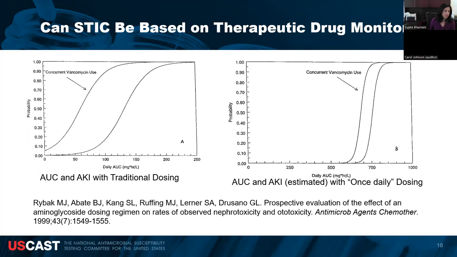This data is from Mike Ryback and colleagues, and you can see the relationship between acute kidney injury and AUC on the left with traditional dosing, and then extended interval dosing on the right. Only those that got traditional dosing had AKI. And in the worst case scenario, you can see that with traditional dosing, there was a low probability even at an AUC of 100. Probability was, of course, higher with concurrent Vanco use.